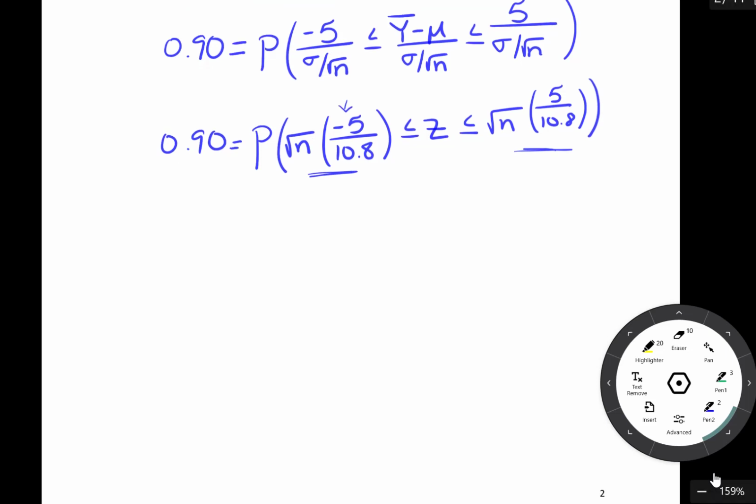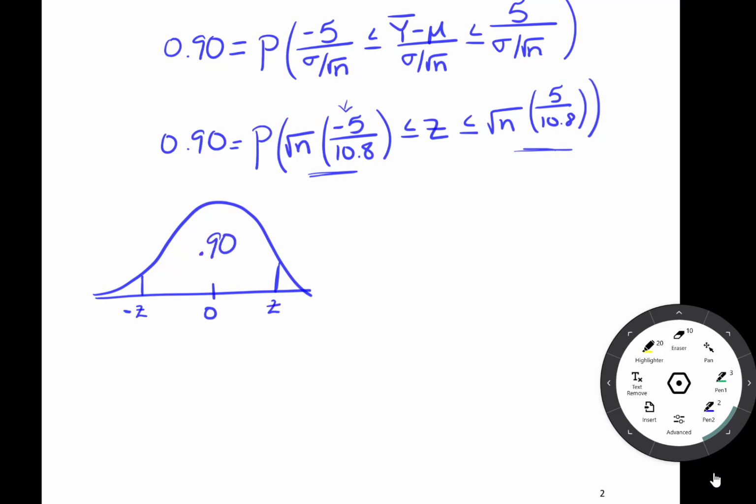So really what I'm thinking of in terms of my standard normal distribution is, if I draw my standard normal distribution, the probability that z falls between these two endpoints, a negative endpoint and a positive endpoint, this area in the middle is equal to 0.9. And if I can find what these two endpoints are, then that's going to tell me what to set these two values, this one and this one, equal to.